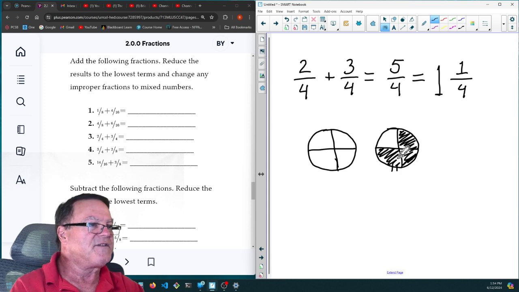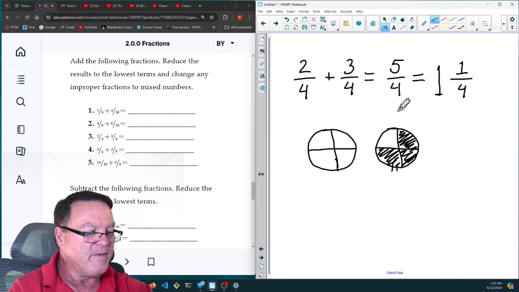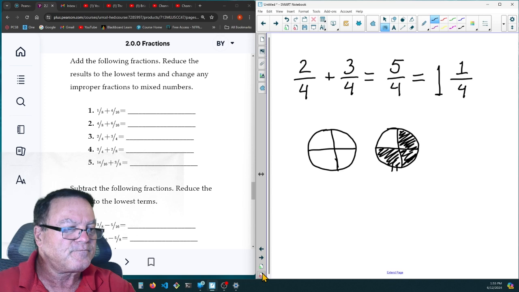This is 5 pieces of pizza that was cut into 4 pieces. This is 5/4, which equals 1 whole pizza and 1/4 of another pizza. So 5/4 equals 1 1/4. Okay.